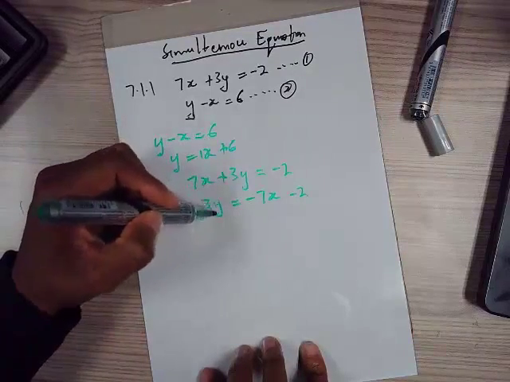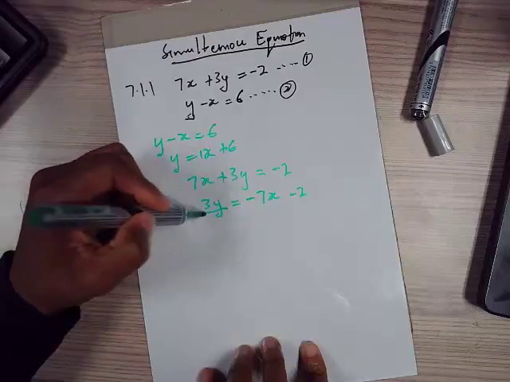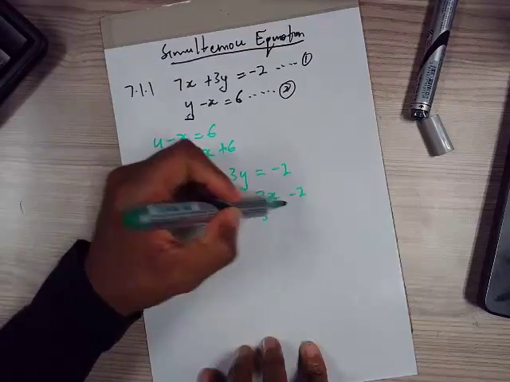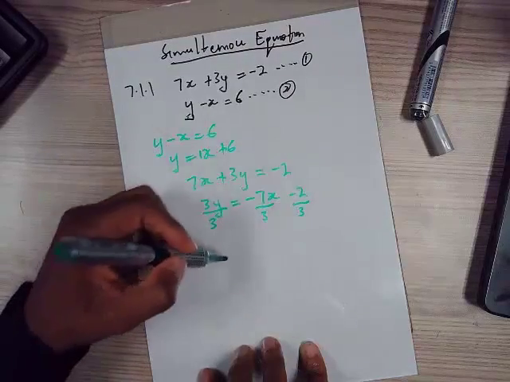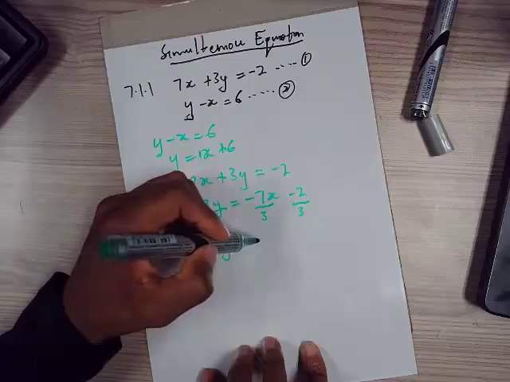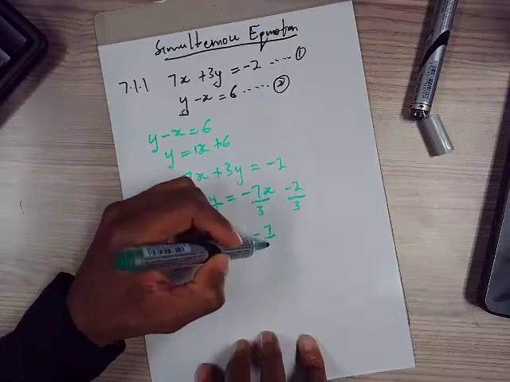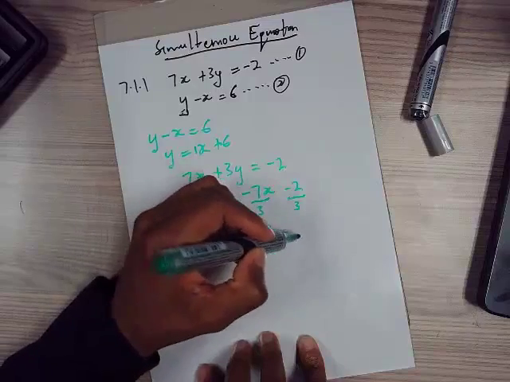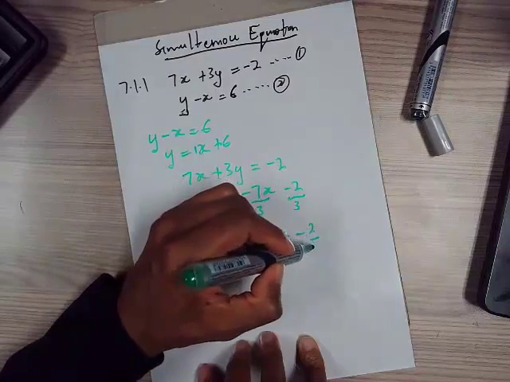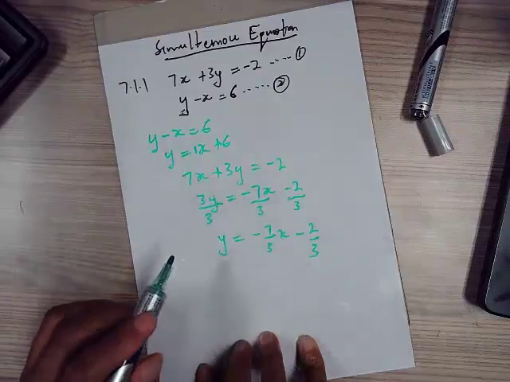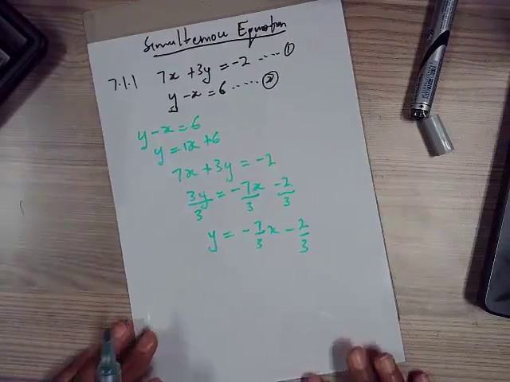Then you get rid of 3, so that you're left with y. What you do on the left, you also do on the right, and you're left with y equals minus 7 over 3x minus 2 over 3. Okay, there you are.